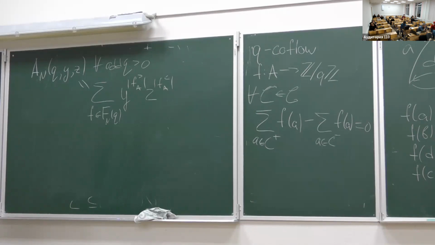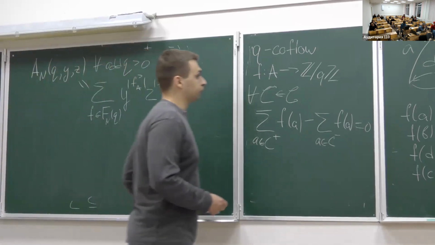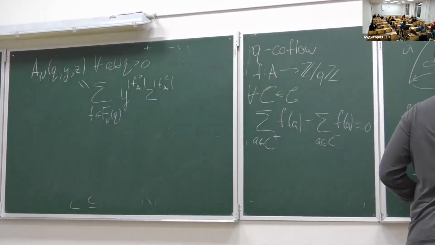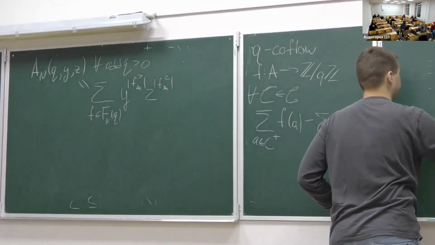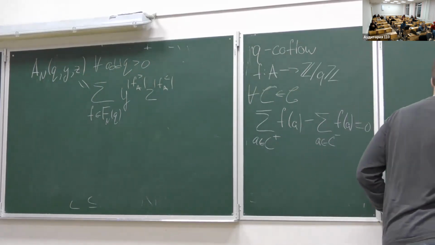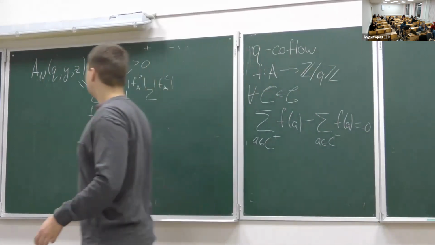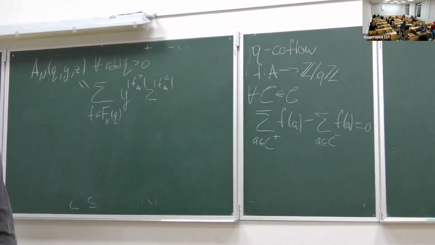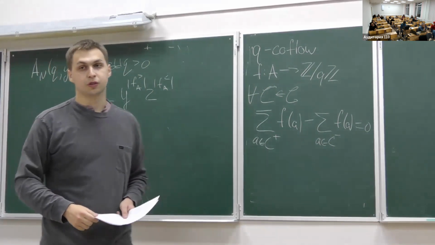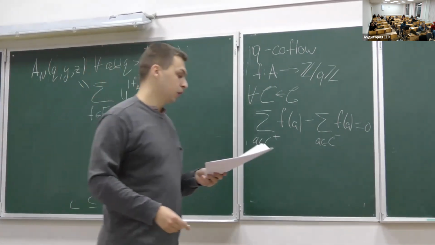So let's talk about the relation between the polynomial we defined and the actual Tutte polynomial. It is very connected to the Potts polynomial, which is the same as Tutte, but with changed variables.